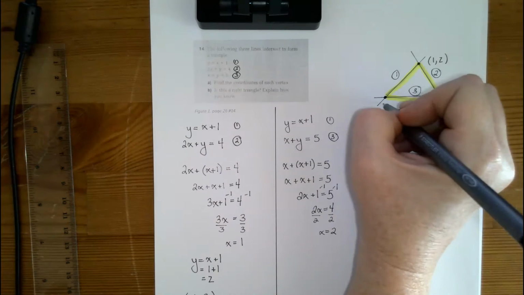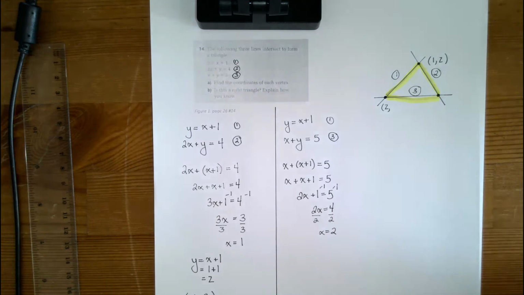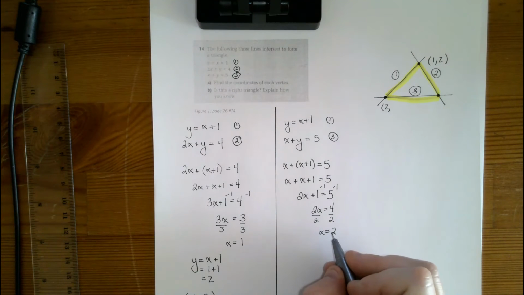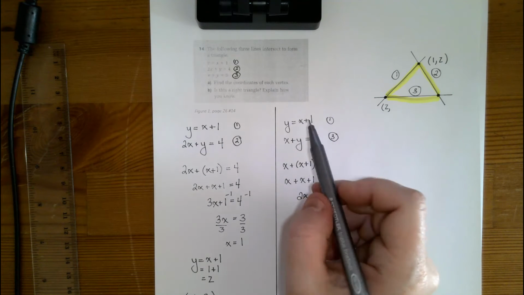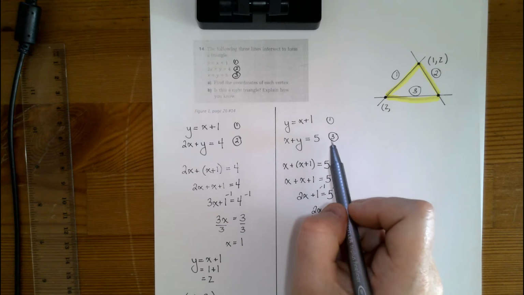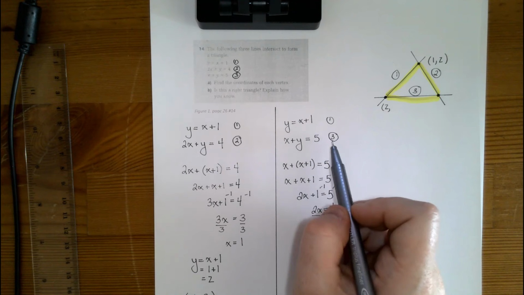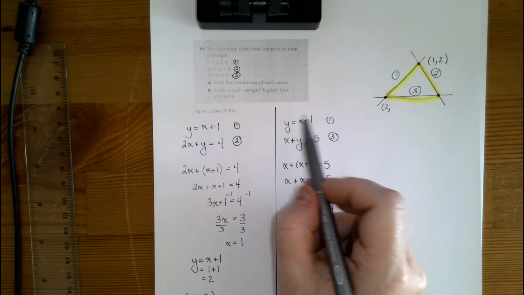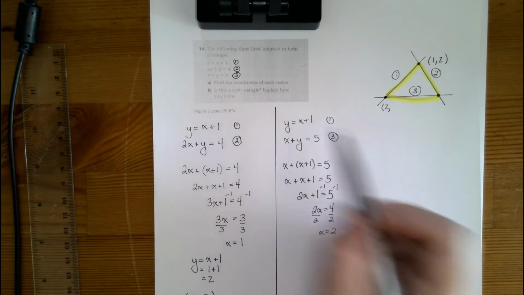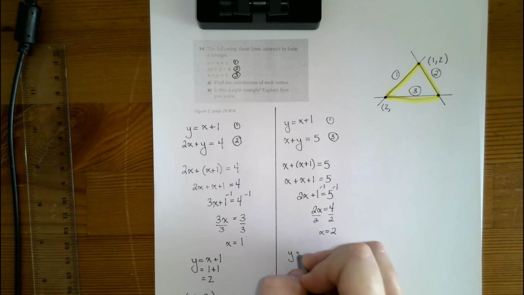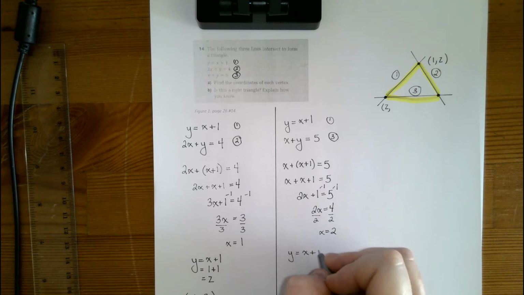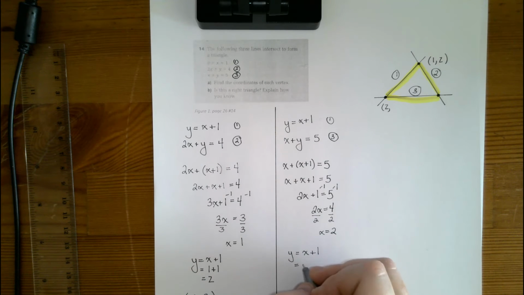So the x-coordinate of this vertex is 2. For the y, I pick the easiest equation, y equals x plus 1, where x is 2, and 2 plus 1 is 3. So this vertex is (2, 3).